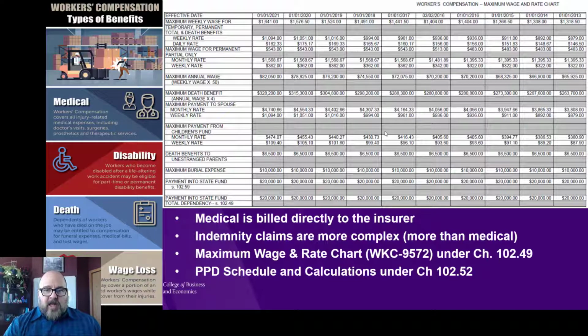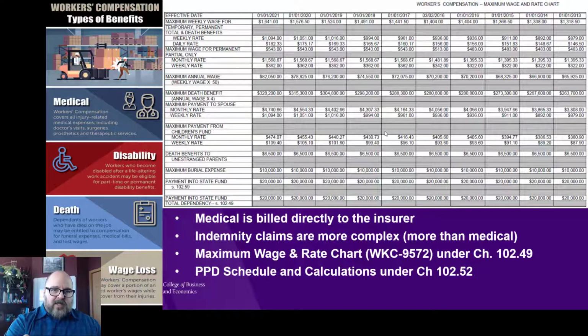Right here, I've got the maximum wage and rate chart. This is Form WKC 9572. It's also housed under Chapter 102.49. Let's look at the first column there. As of January 1st, 2021, the maximum wage that they would compensate is a little over $1,600.